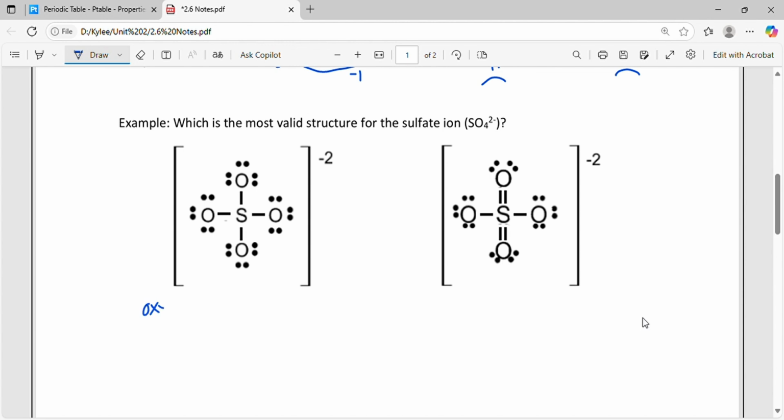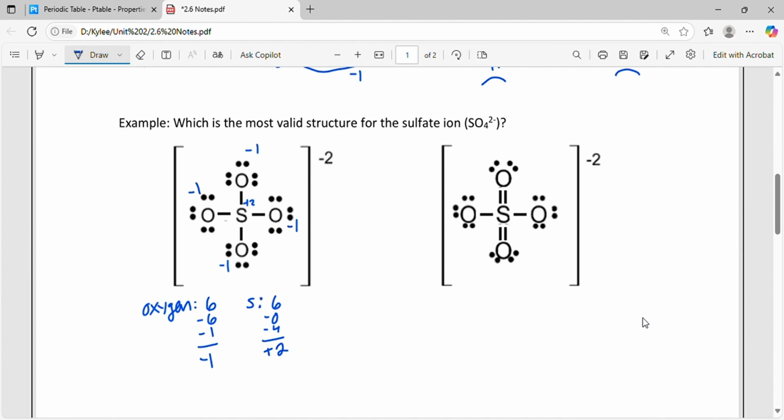So for oxygen, it's going to be 6 valence electrons minus 6 lone pair electrons minus 1 bond. So all the oxygens are going to be -1s. So -1, -1, -1, -1. For sulfur, it has 6 valence electrons. There are no lone pair electrons and it has 4 bonds. So that actually gives me a +2 on sulfur.